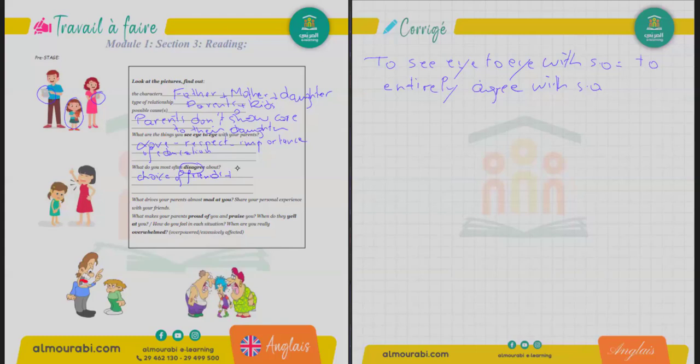Technology and social media, the use of gadgets. Gadgets are small technological devices like the mobile phone and the PC. Smoking. Yes, true.